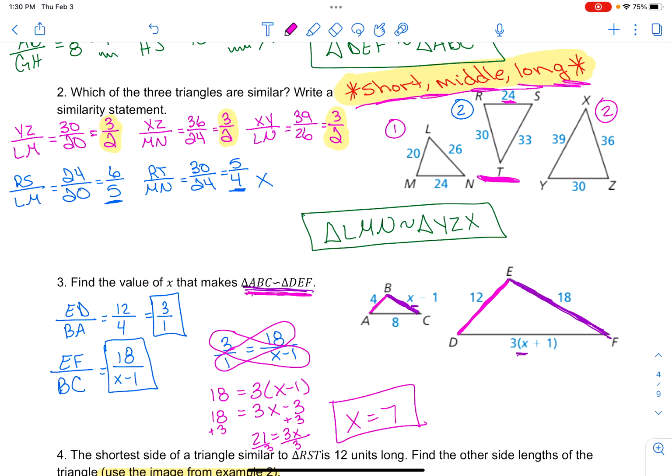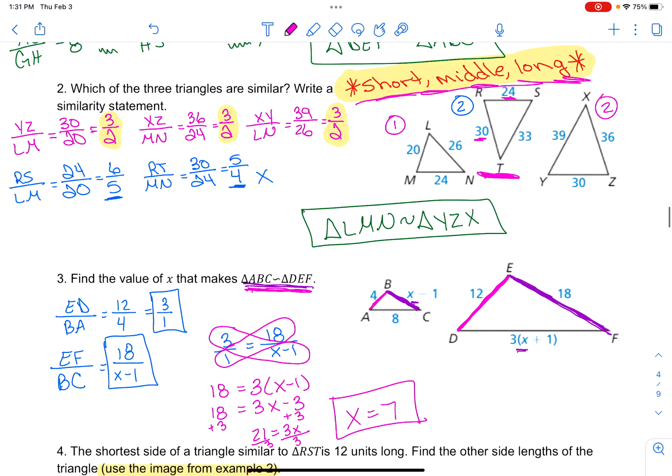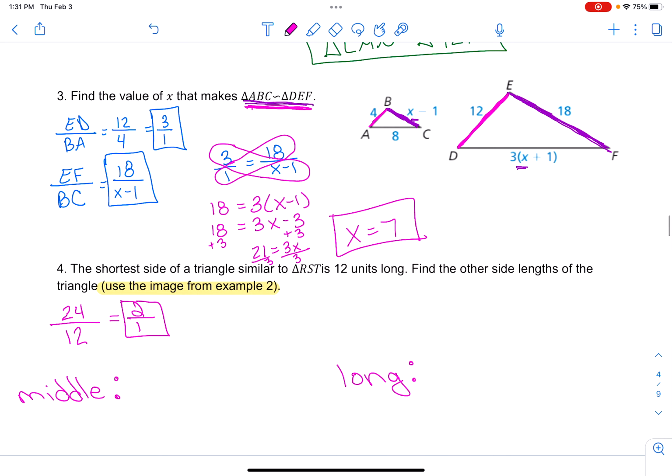So in RST, we've already used the shortest side, so the middle length is 30. It has to be equal to this proportion of 2 over 1. The 2 was our RST length. That 24 was the original RST shortest length.